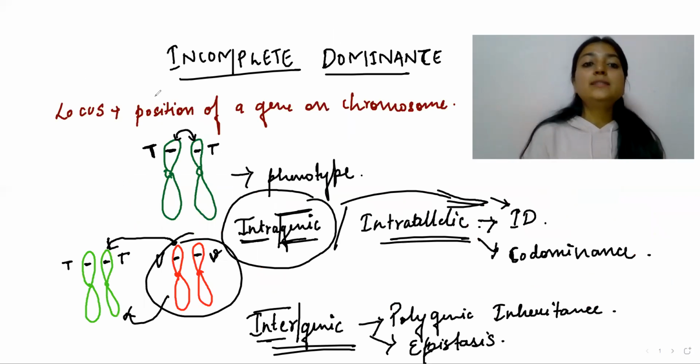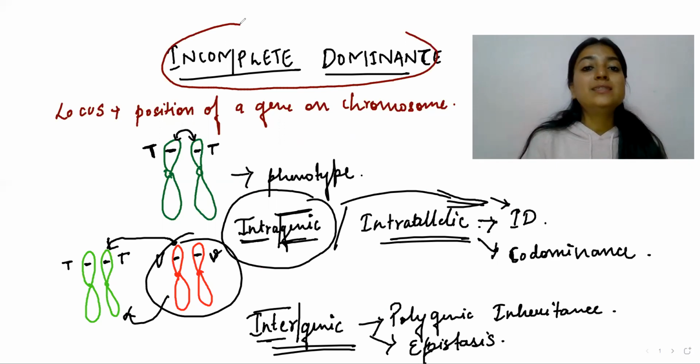Now, here it is the incomplete dominance we are studying, which means according to the law of Mendel, when we start with the pure lines, it is the dominant which expresses itself. But incomplete dominance is the exceptional case of Mendel's principles. Fine. So, we have started with the term locus, which means the position of a gene on the chromosome.